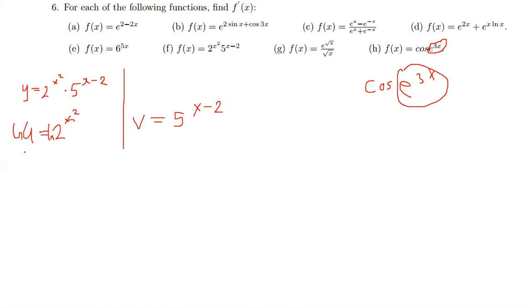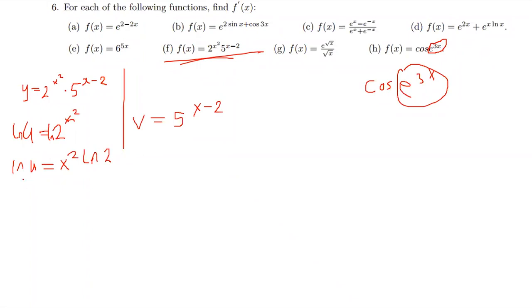So you differentiate this, you're going to have u prime over u being equal to, when you interchange this, so let me just interchange them in advance. This is going to be ln u is going to be equal to x squared ln 2.